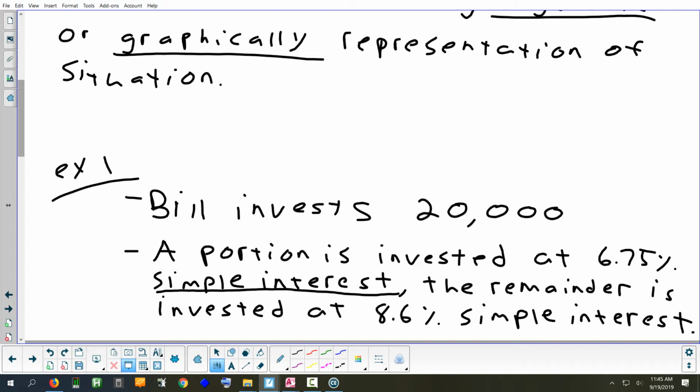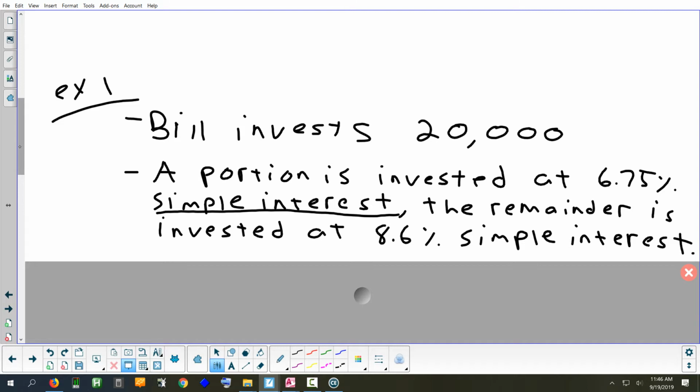It's kind of like how a savings account works in the bank, but we're going to simplify it a little bit. Banks use what's really called compound interest, but that would make this problem a little more complicated. So Bill's got 2 investments to pick from. He's got $20,000. He can put as much money as he wants in one and the rest in the other. Okay?